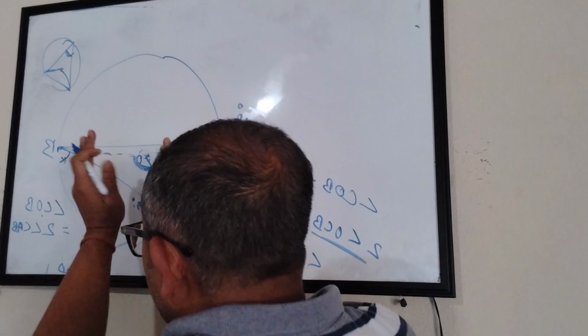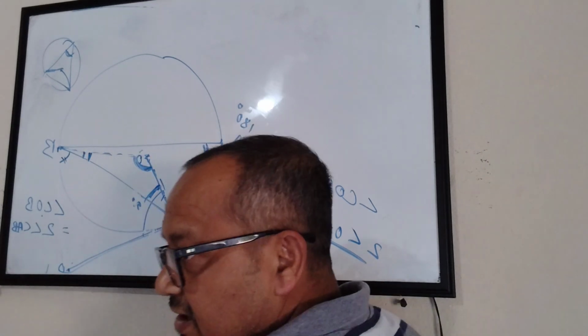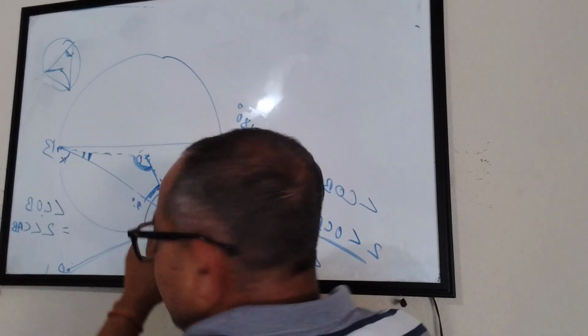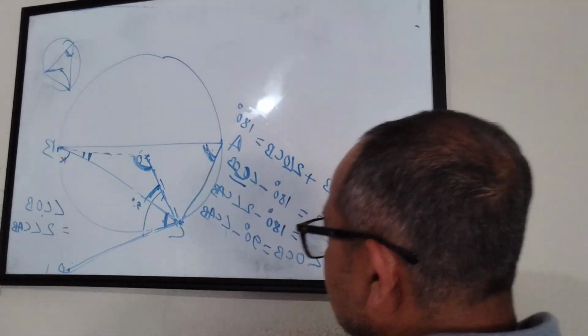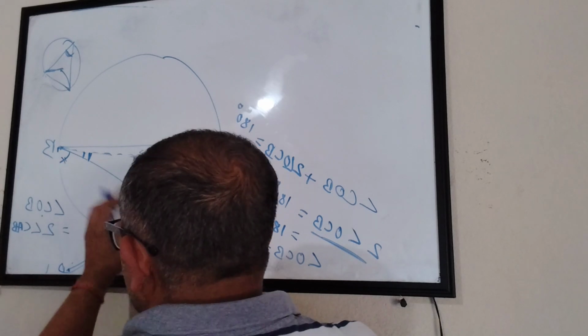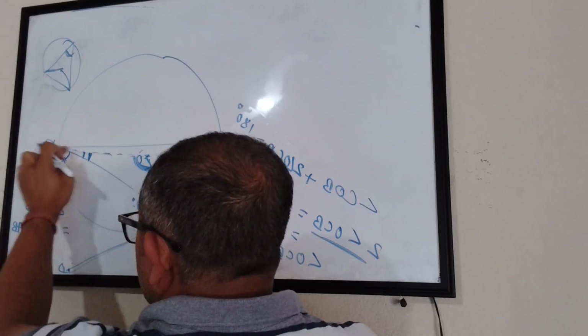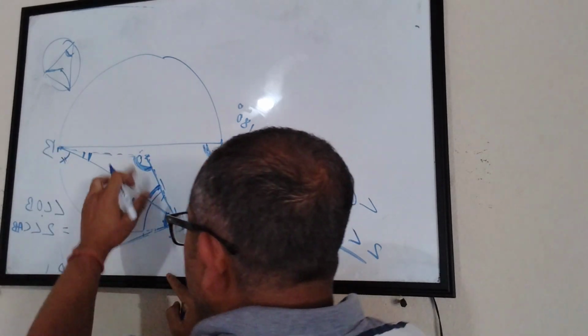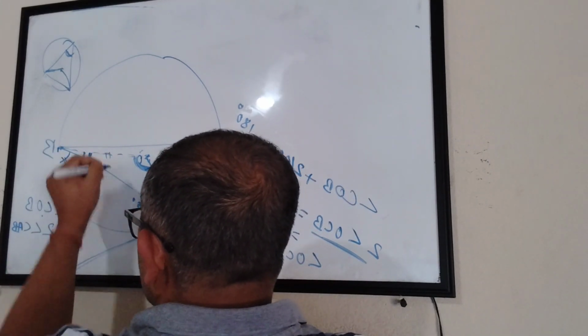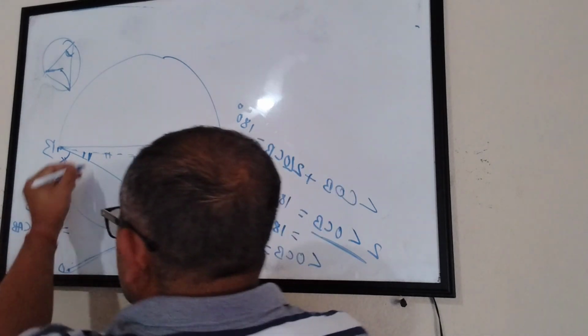Now, taking that information and coming back to this triangle again. In any triangle for that matter, the sum of all the 3 angles is 180 degrees. That's what we saw here. And since this angle and this angle are the same, because OCB is an isosceles triangle, this side is equal to this side because both are radius. So this angle is equal to this angle.